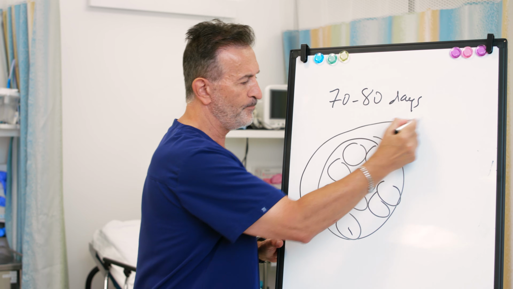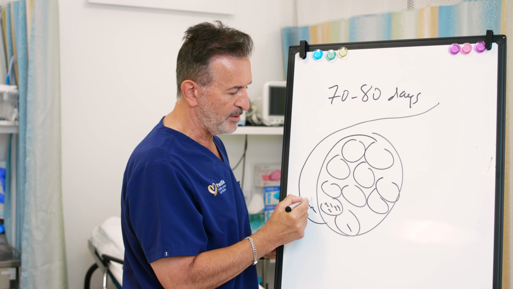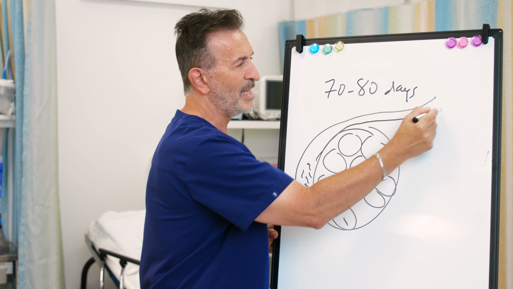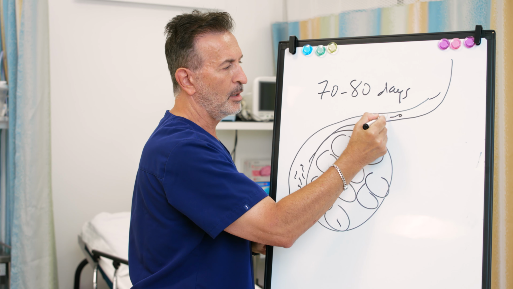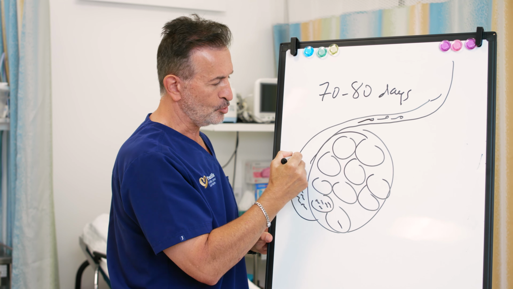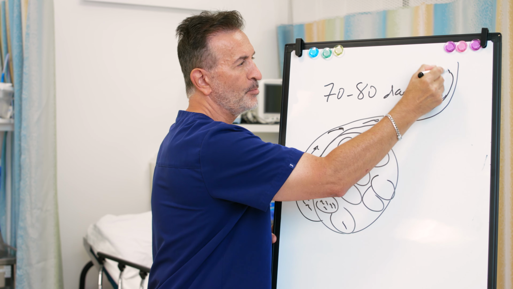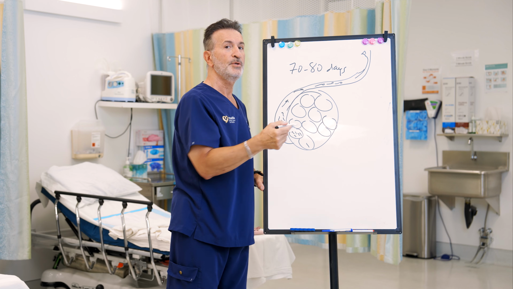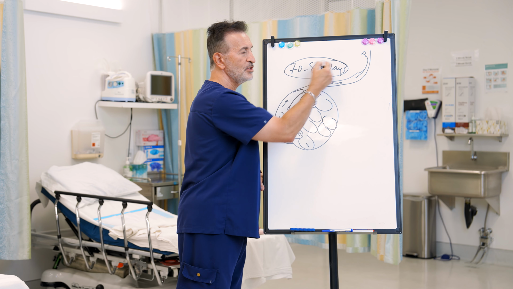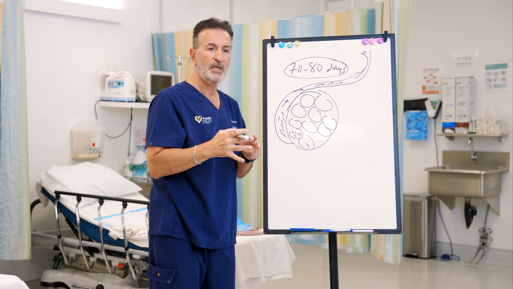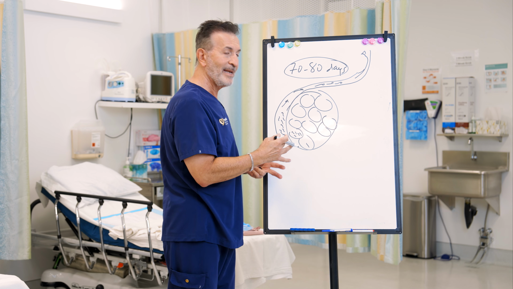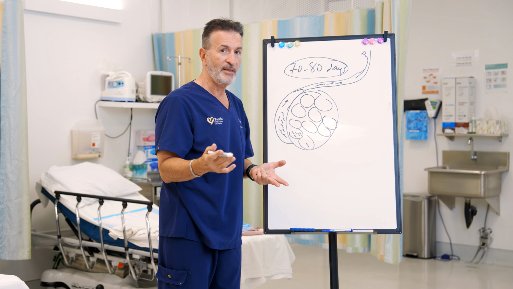The sperm is then produced and released into part of this tube that then goes out when men ejaculate. So this is how sperm is produced in factories in the testicles continuously in a cycle of 70 to 80 days, which means each factory will generate new sperm every 70, 72 days and perpetually until death.